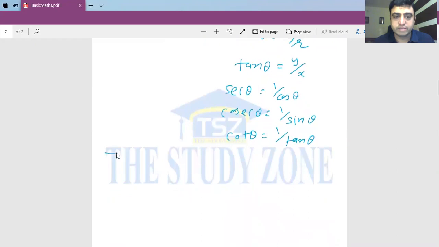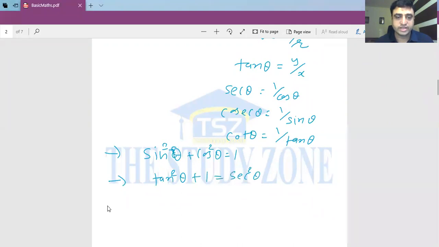Then you studied the basic identity, that is sine square theta plus cos square theta equal to 1. If we divide both the sides by cos square theta, then this will become tan square theta plus cos square by cos square will be 1, equal to sec square theta.